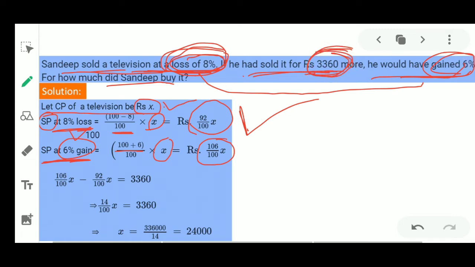So 106 by 100x minus 92 by 100x equal to 3360. Clear?